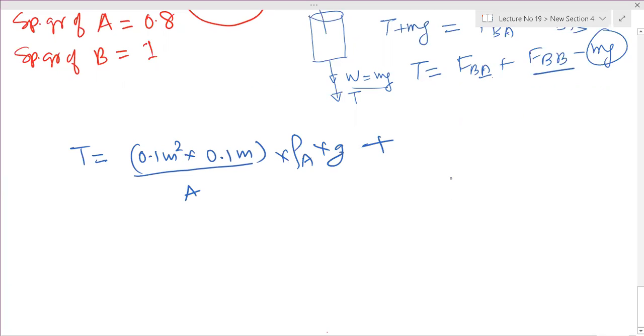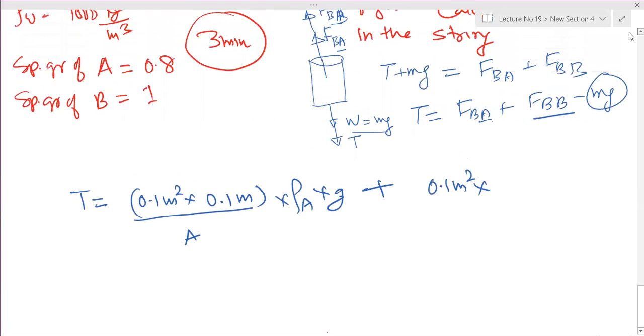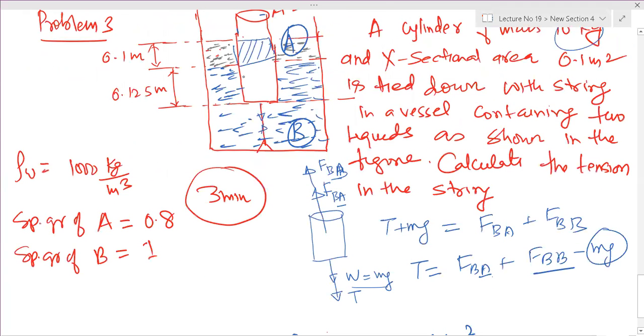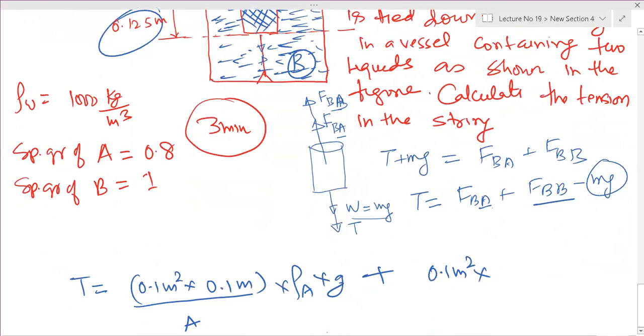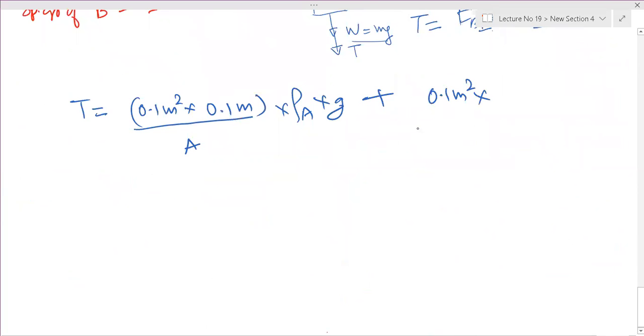In case of B, the cross-section area is the same, and the height of fluid B displaced by the body is 0.125.